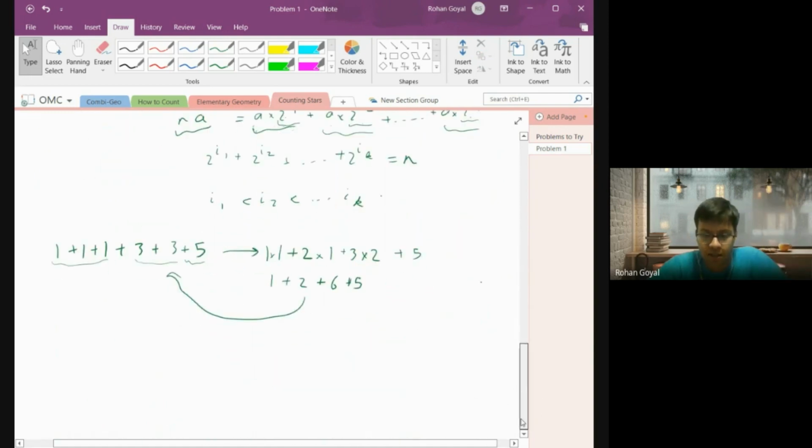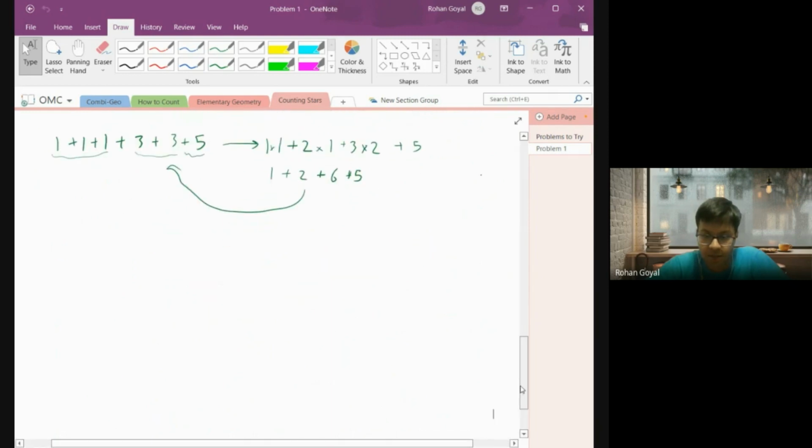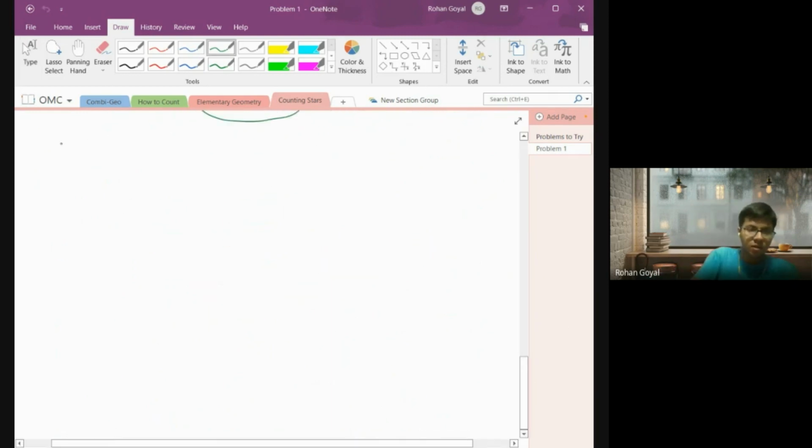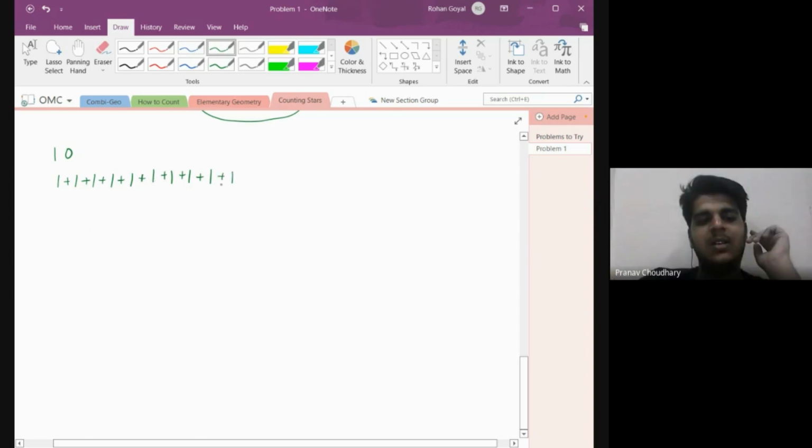Okay, let's take an example. Can anybody tell me the ways of writing 10 into odd parts? Help me, please. 10 ones, and then 7 ones and a 3.